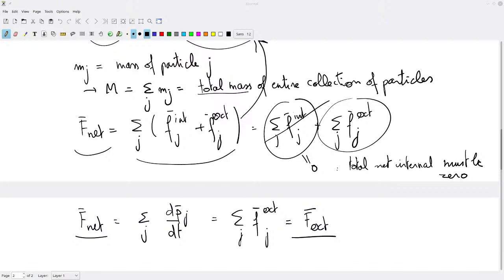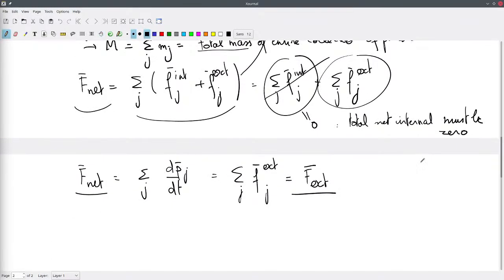So that means that the net force is equal to the external force, and that's equal to the total sum of the changes in the momenta for each of the individual components. So F external is the sum over j of dpj dt.